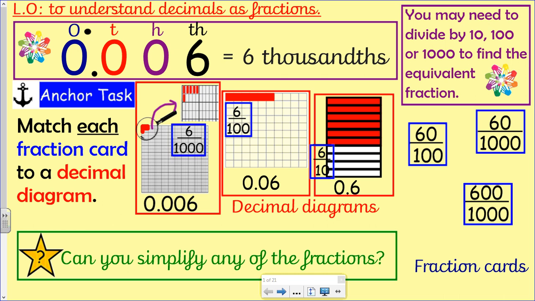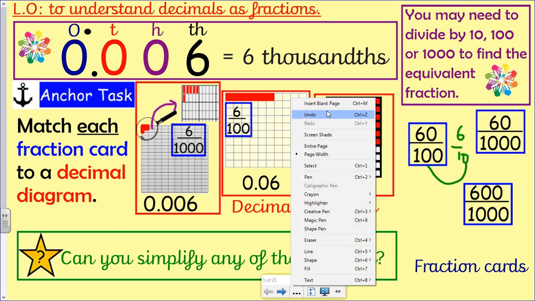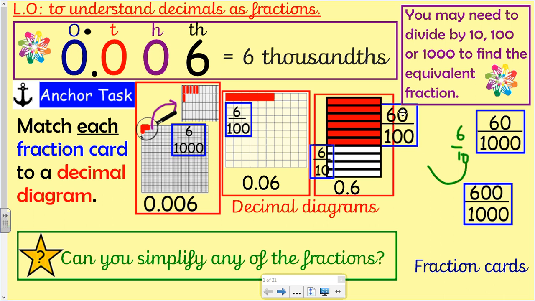If I divide both of those things by 10, I'm going to end up with 6 tenths. So 60 hundredths is equivalent to 6 tenths. I've divided the numerator by 10. I've divided the denominator by 10. Okay, so I'm going to move our 60 hundredths over just to the 6 tenths here.